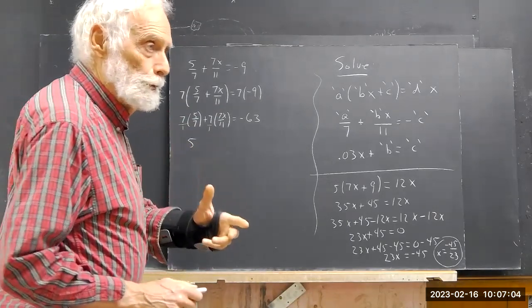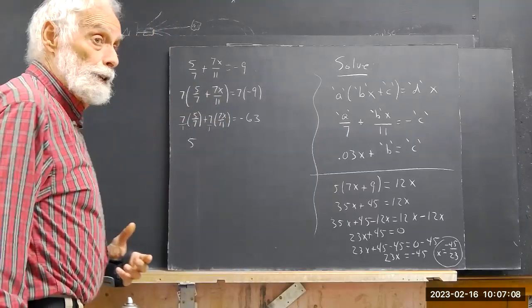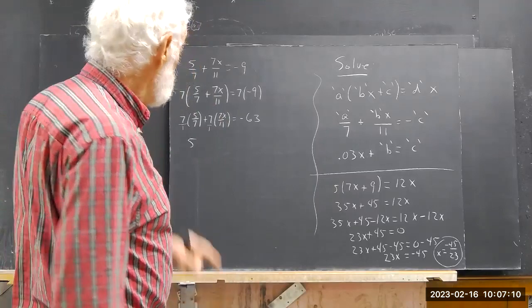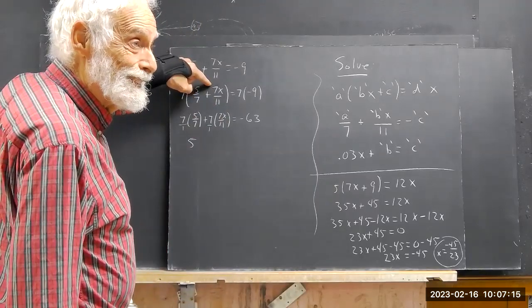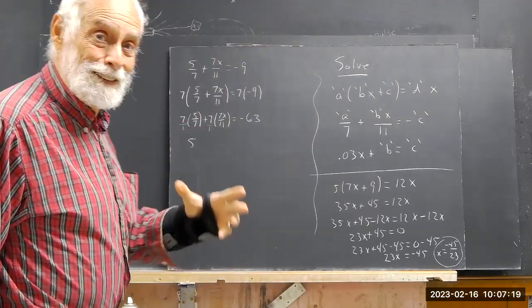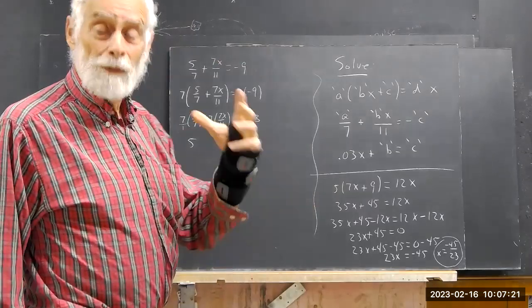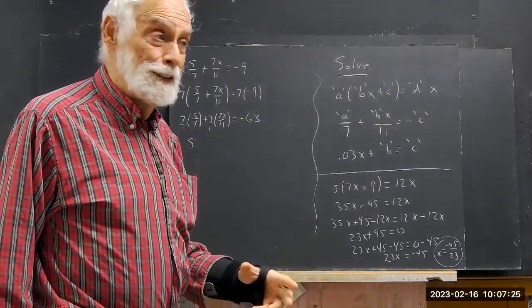Better to think that through and get in the habit of seeing that than it is to draw lines through these things. I'll see people draw lines through these 7s and this one and go on.